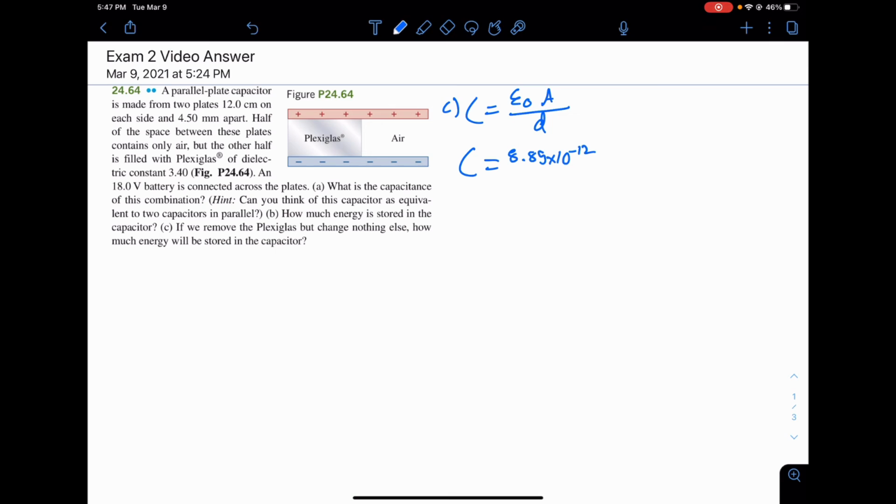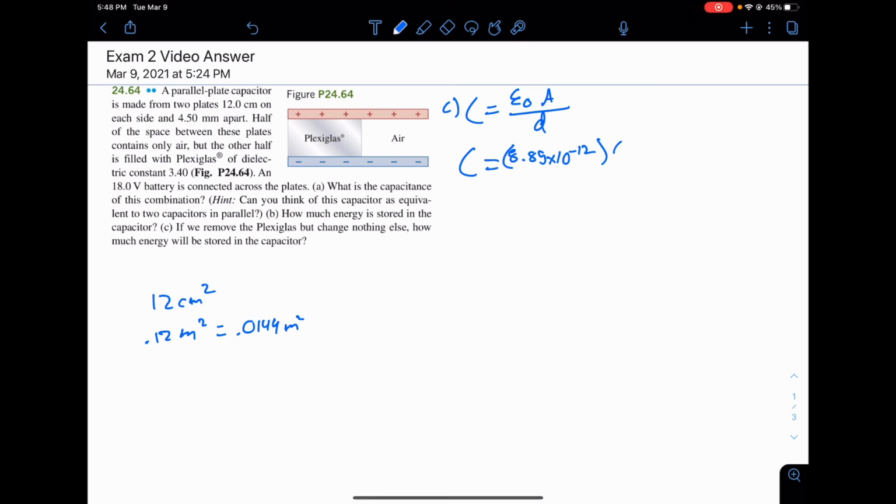And our area, which, by the way, if I didn't make it clear earlier, sorry, the area is just 12 centimeters squared, which would be 0.12 meters squared, which is equal to 0.0144 meters squared. Just so that way that makes sense.